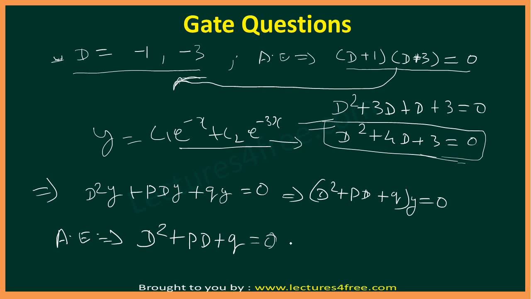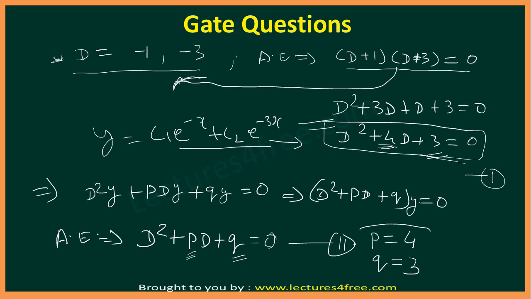So now you can compare this equation 2 and this equation 1. Both represent the auxiliary equation of the same equation. If you compare, here you can see p corresponds to 4, so p equal to 4, and the term q corresponds to 3, so q will be 3.